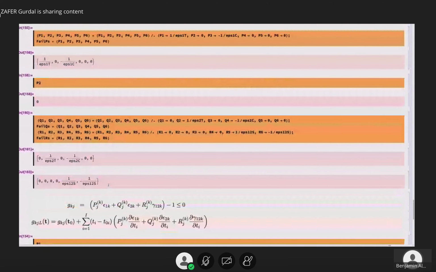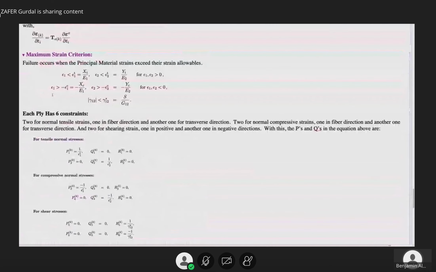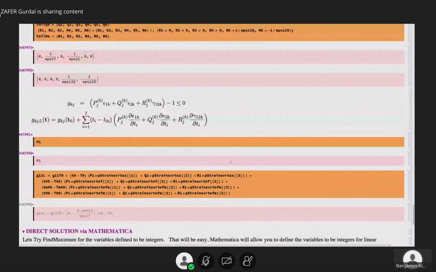And the variable for it is this guy. Okay, this is one of the constraints. All right.